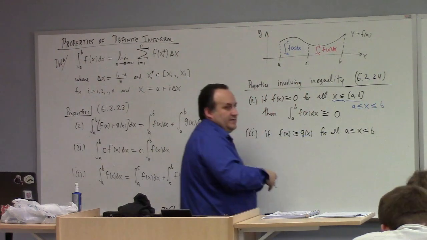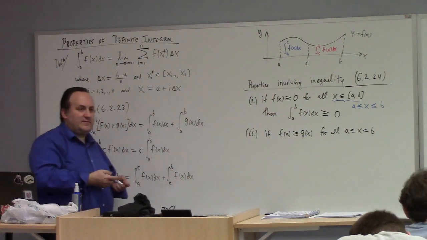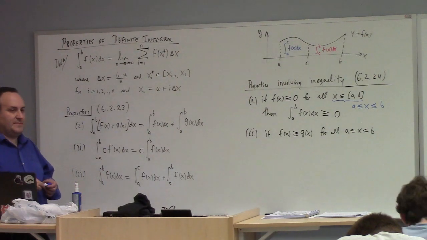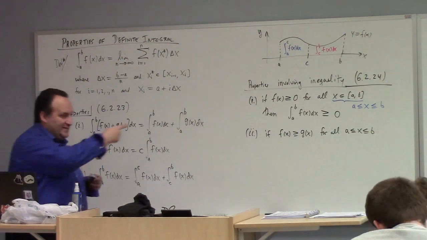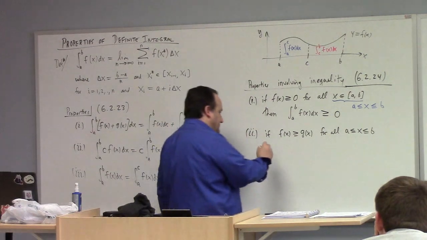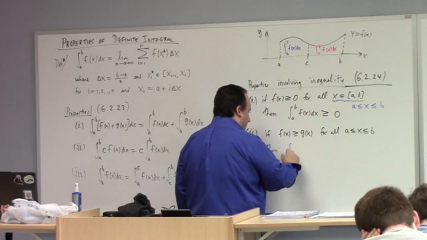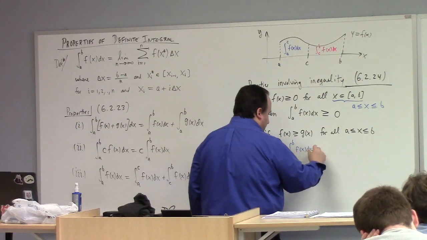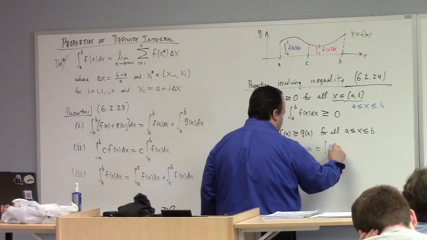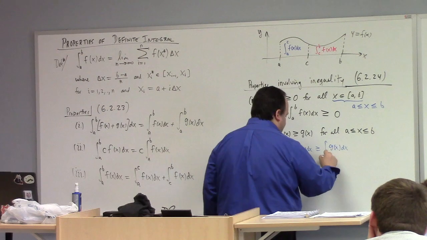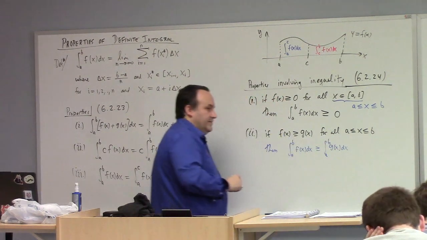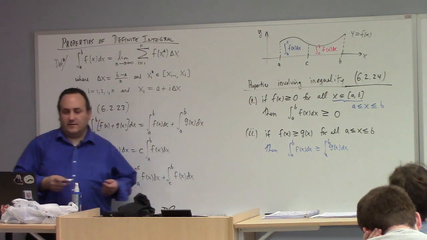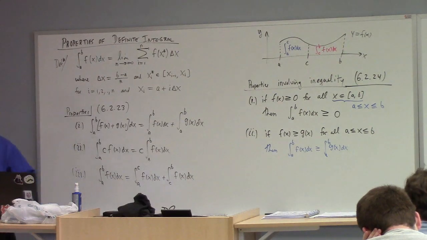Those have the same meaning. And if that's the case, then the integral from a to b of f of x dx is greater than or equal to the integral from a to b of g of x dx. Right? Because of course the area that's under a larger function is larger than the area under a smaller function.